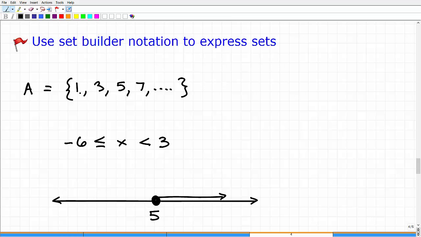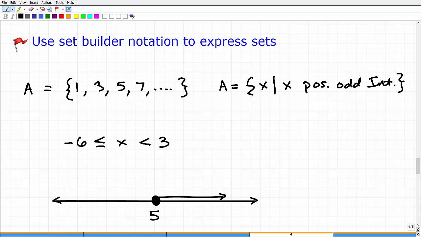Or what's some way you can describe the elements or the behavior inside this set? You might want to say set A is equal to all numbers x such that x is what? They look like they're the positive odd integers. Maybe you can abbreviate it this way: positive odd integers.